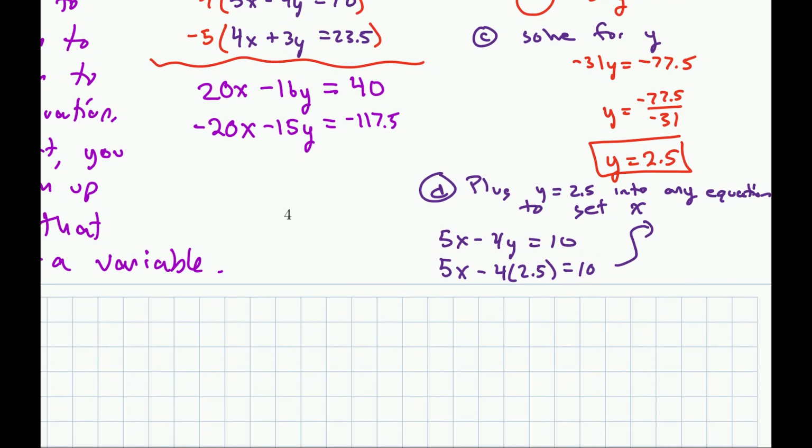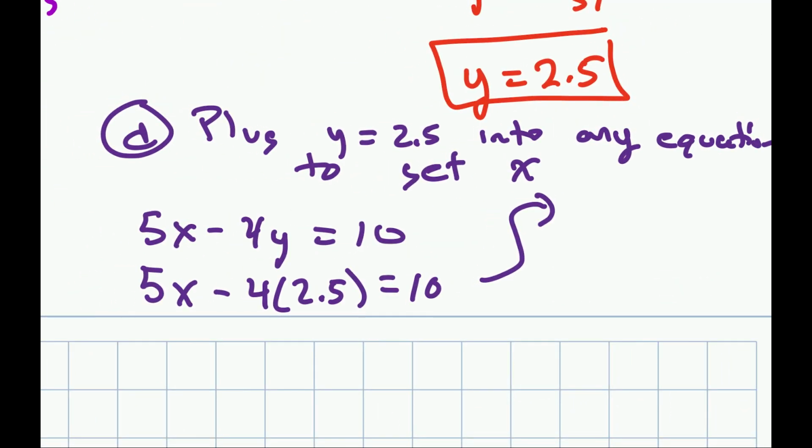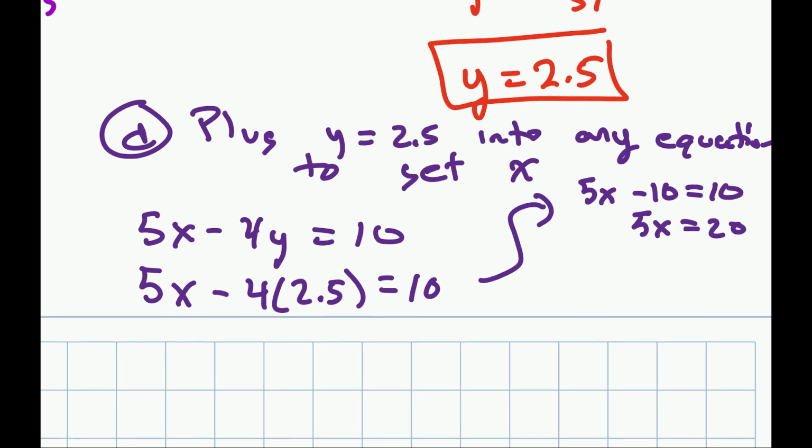Kind of out of space, but I'm going to keep going. 4 times 2.5 is 10. So this says 5x minus 10 equals 10. Add 10 to both sides, you get 5x equals 20. Divide both sides by 5, you get x equals 20 over 5, which is 4.